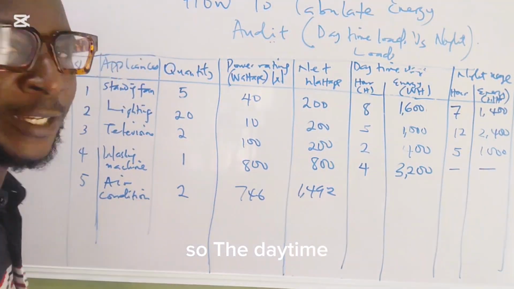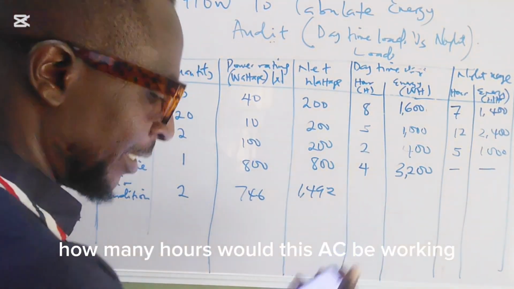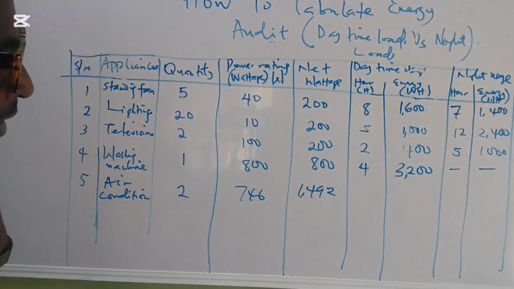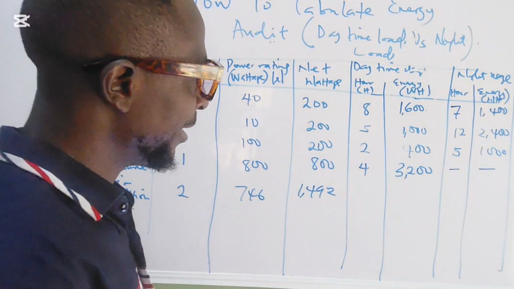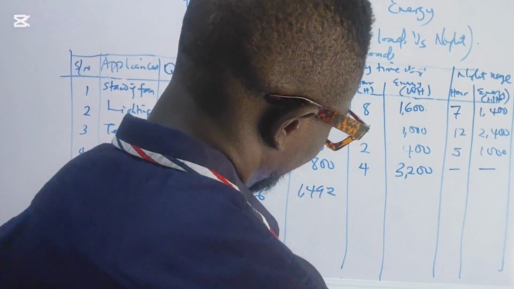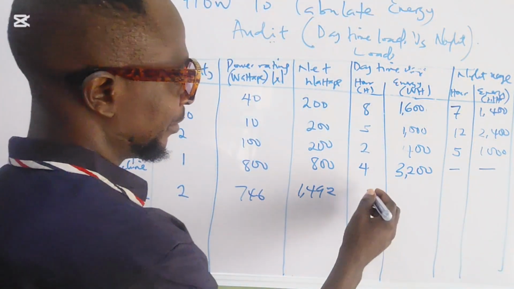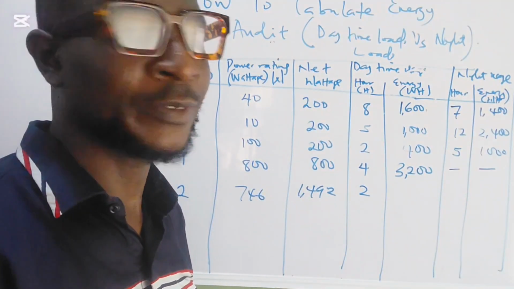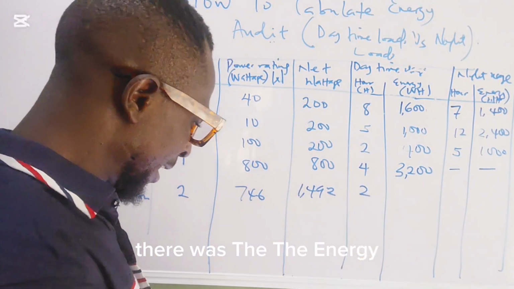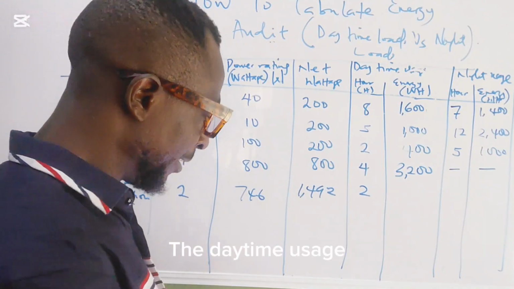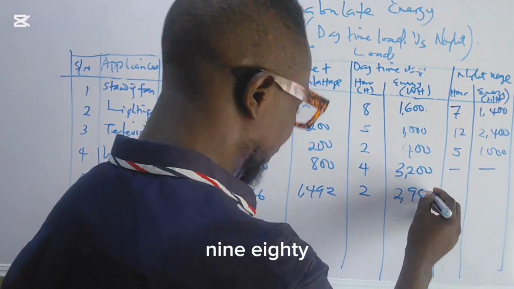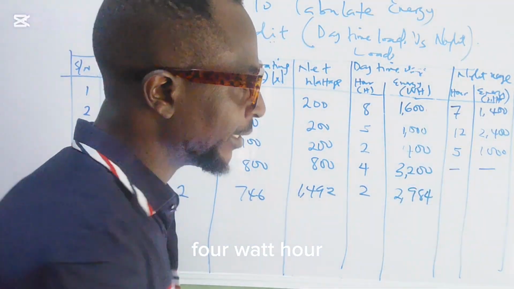So in the daytime, how many hours will this AC be working? In the daytime, let's say 2 hours. Then what is the energy? The daytime usage will be 2984 watt hour.